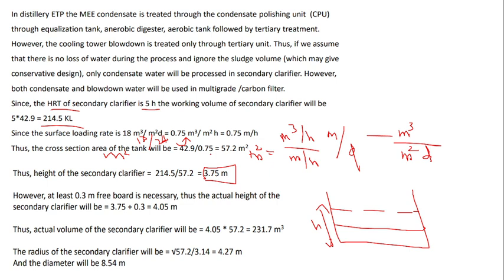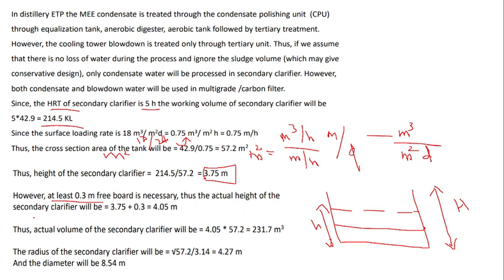This height is calculated with the help of the loading capacity of the secondary clarifier. But to obtain the actual dimension of the secondary clarifier, it can be written as capital H. We need to consider that at least 0.3 meter free fall is necessary.